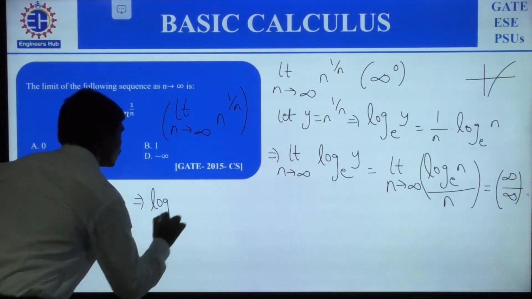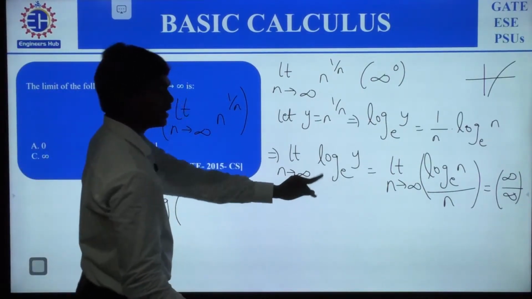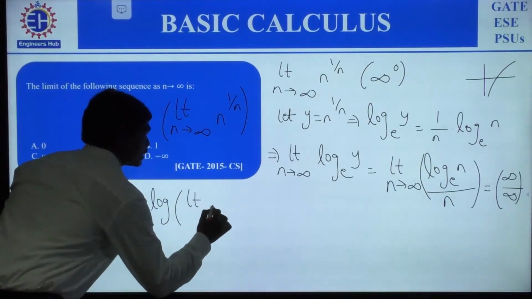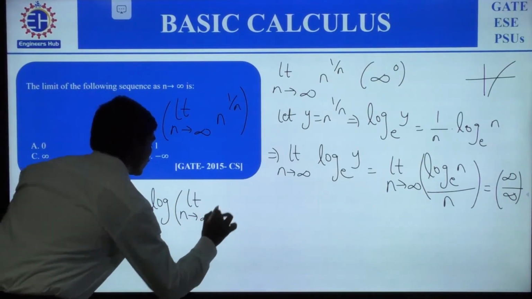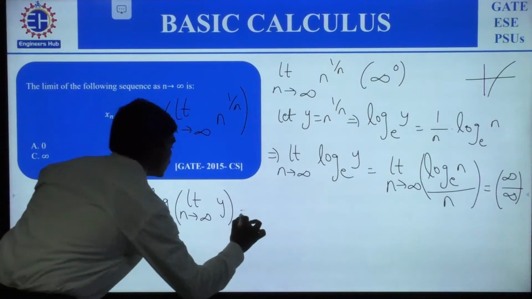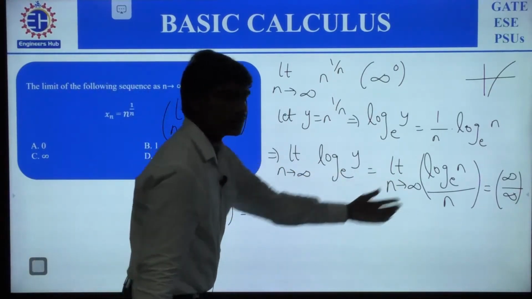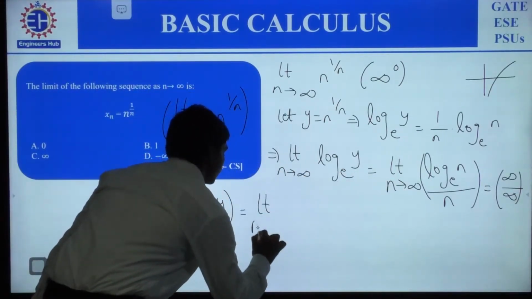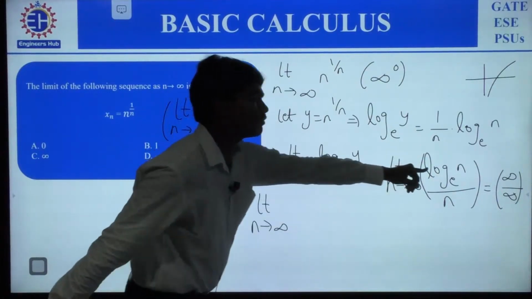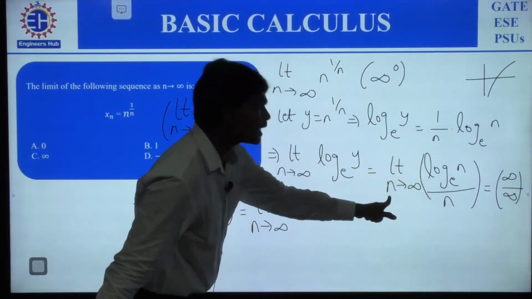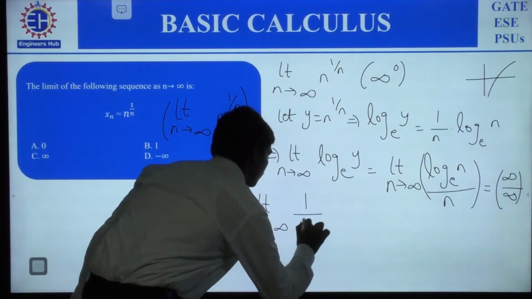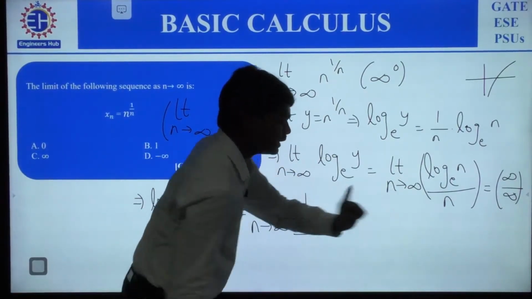So log of, I am just interchanging this log and limit. So log of limit n tends to infinity y to the base e is equal to, now if you apply L'Hospital rule here, limit n tends to infinity, differentiation of log n to the base e with respect to n is 1 by n divided by differentiation of n, which is 1.